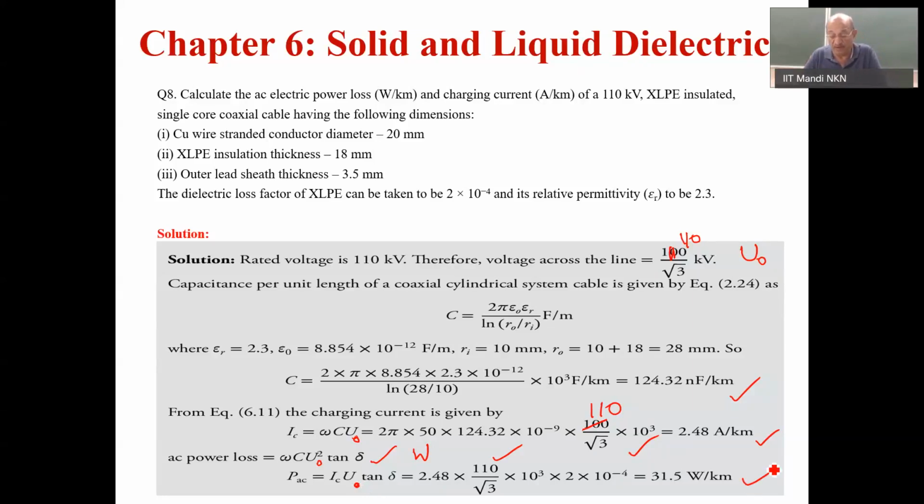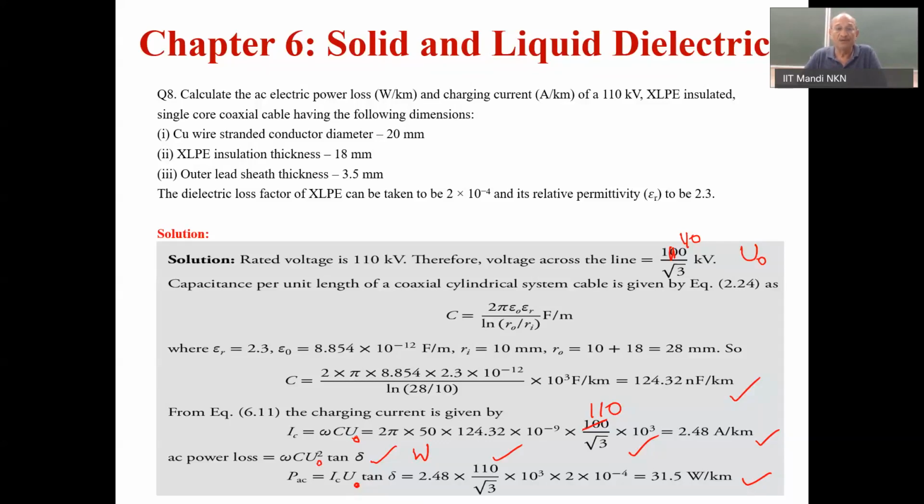So when you put these values, the AC power loss per kilometer in the cable will be 31.5 watt per kilometer. At 110 kV, the actual real power loss is to the tune of 31.5 watt per kilometer. It's not too much.